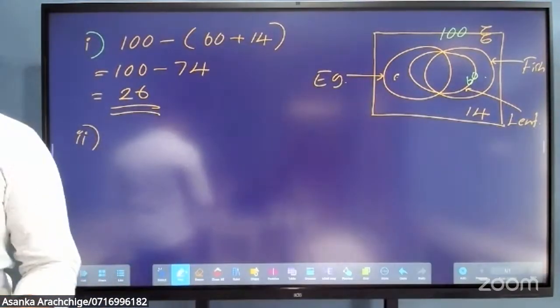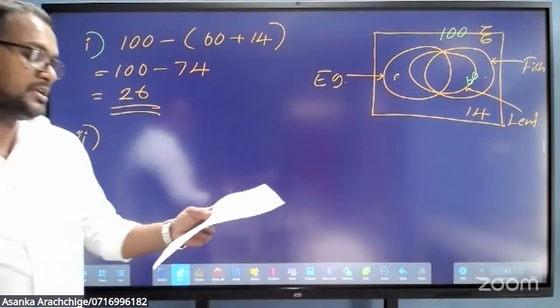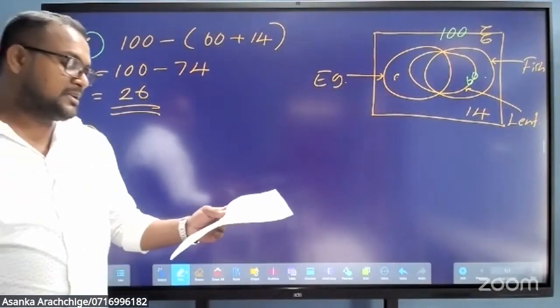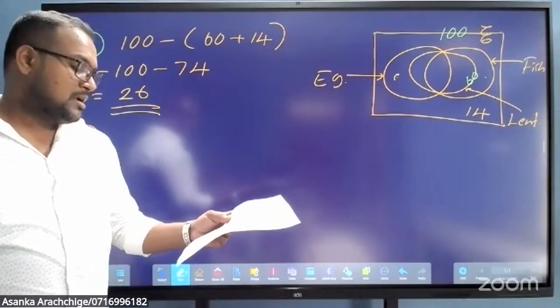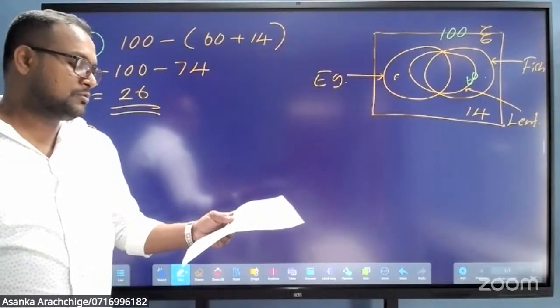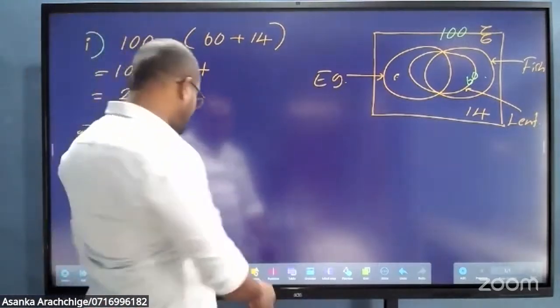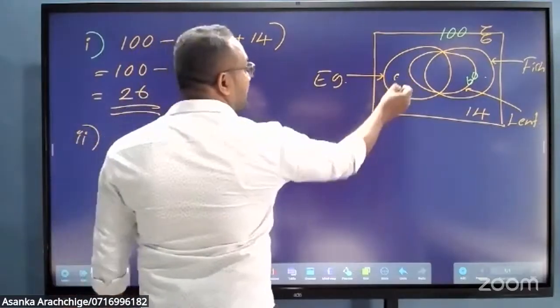Then, if the number of customers who bought all these three items is equal to the number of customers who bought exactly two of these items.